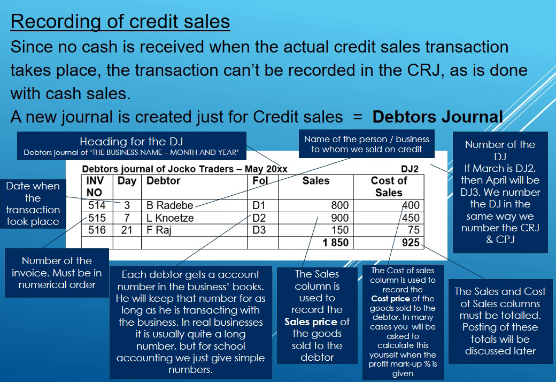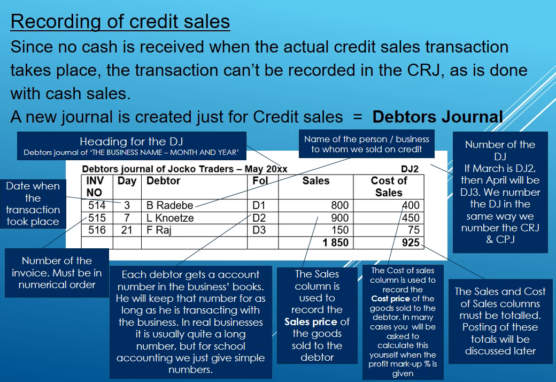Please bear in mind that, let's say, Bira Debbie buys from us once more. Let's say in this open line, he bought again. He will keep that number. So if he's D1 there, when he buys from us again, he will be D1 again. That is important to remember. And keep in mind, we are now selling to the debtor in the debtor's journal.